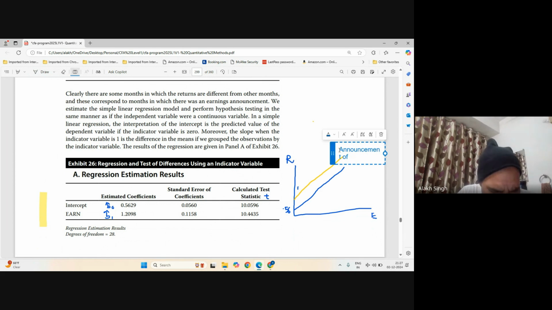So when the earning is announced, then the return becomes higher. And this side will be month, so it will be earning per month. So how is this graph?